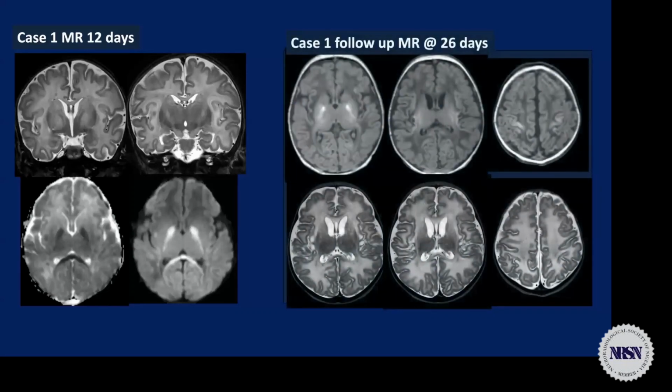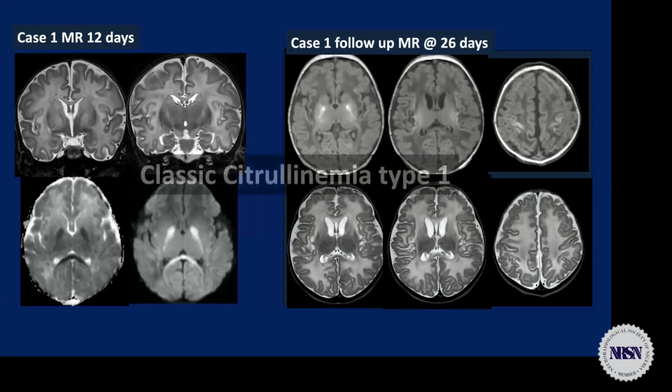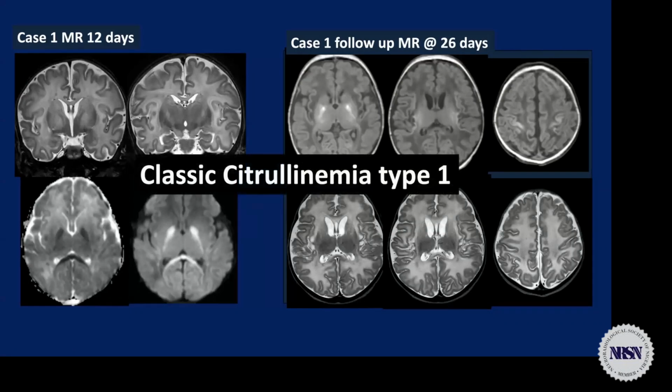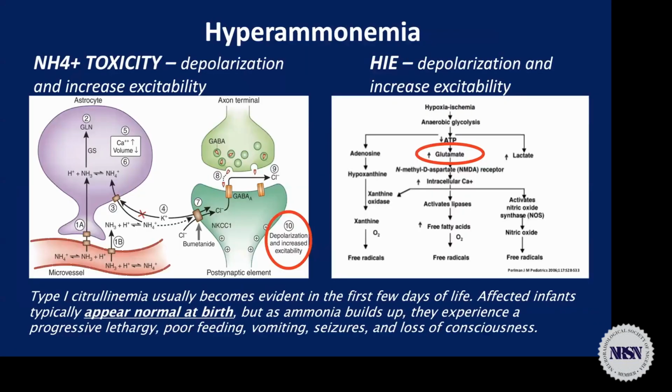But look at this case at 26 days. Okay, what we can say is the end stage of HIE, no, it is a classic citrullinemia type 2, a metabolic disease that causes hyperammonemia, and hyperammonemia leads to increase of glutamate.